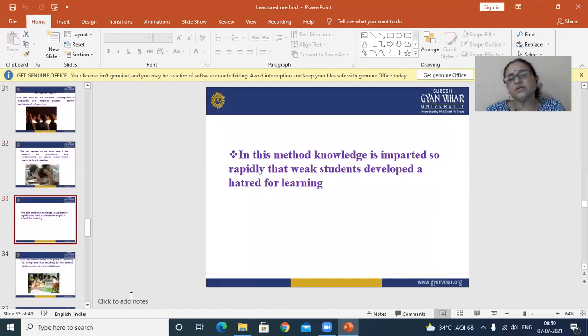In this method, knowledge is imparted so rapidly that the weak students develop a hatred for learning.